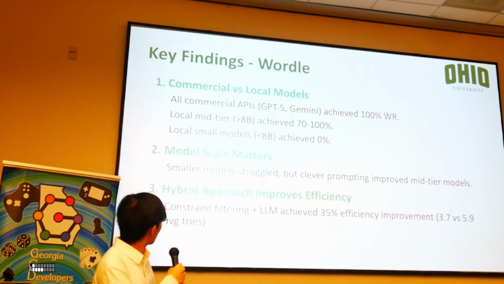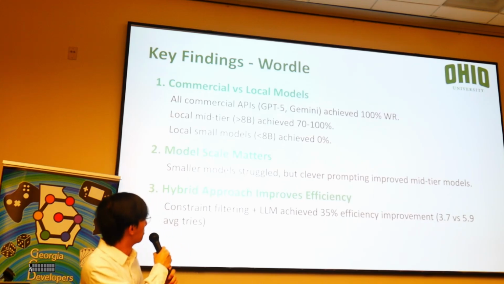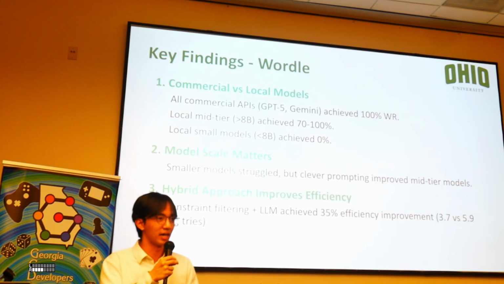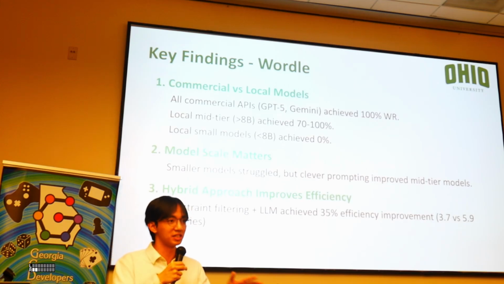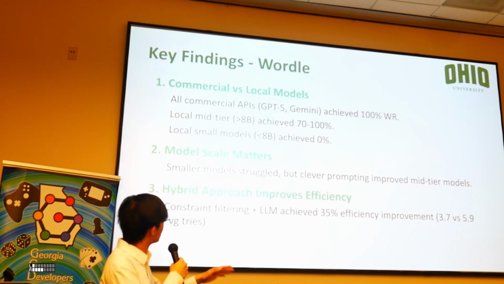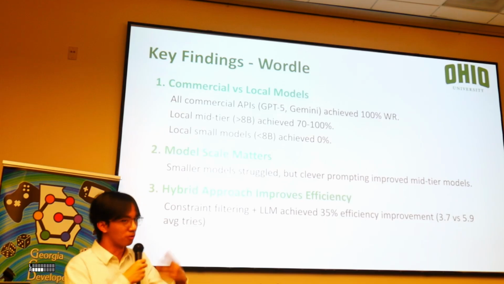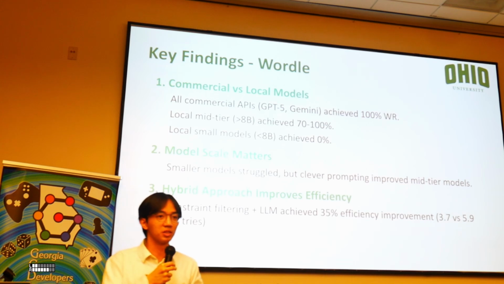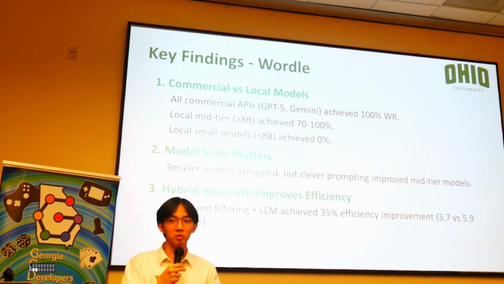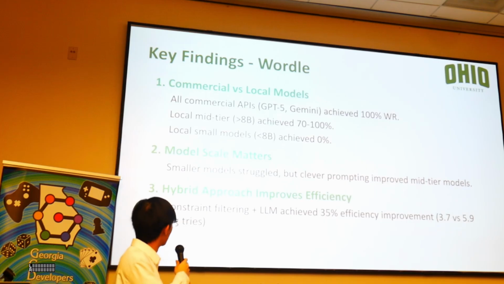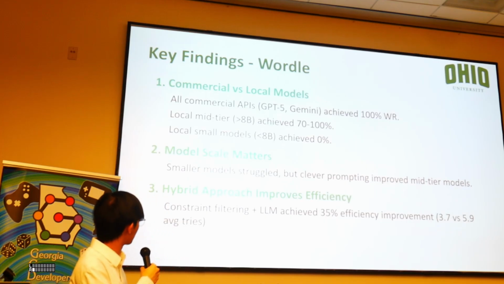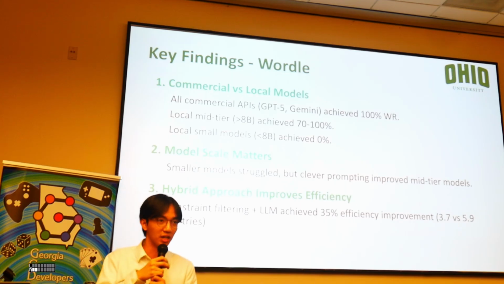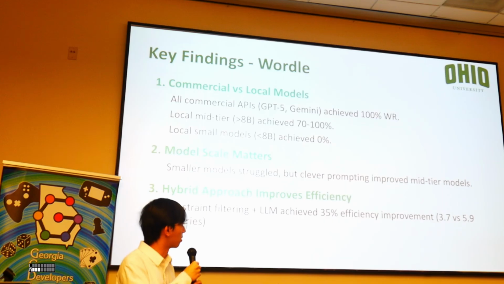One note is that if you prompt the model cleverly enough, for example telling it that if it tries to guess a character in the wrong position, you would reprompt it, and also telling it to start with really common words that include a lot of vowels, that would improve its performance. And like I said before, constraint filtering with a smaller model achieved even better efficiency than raw prompting a commercial model.